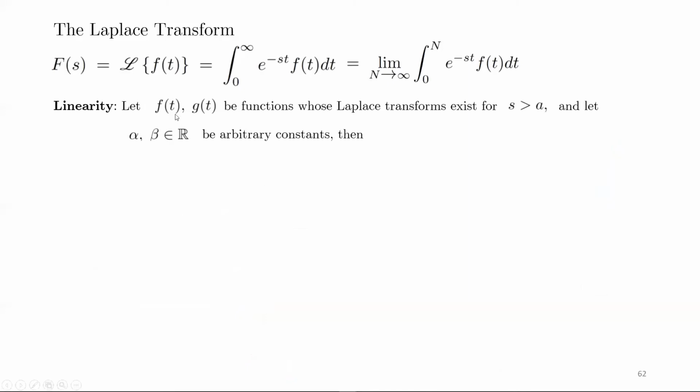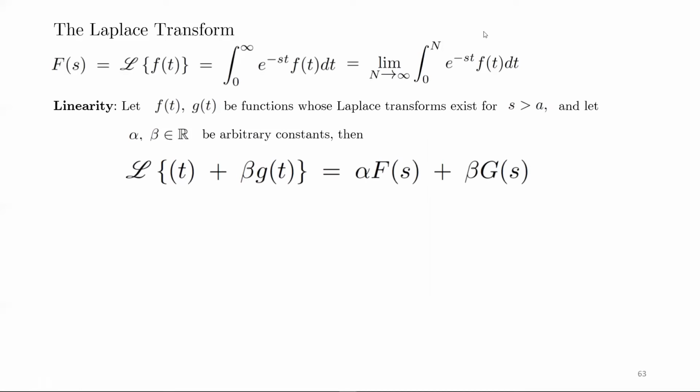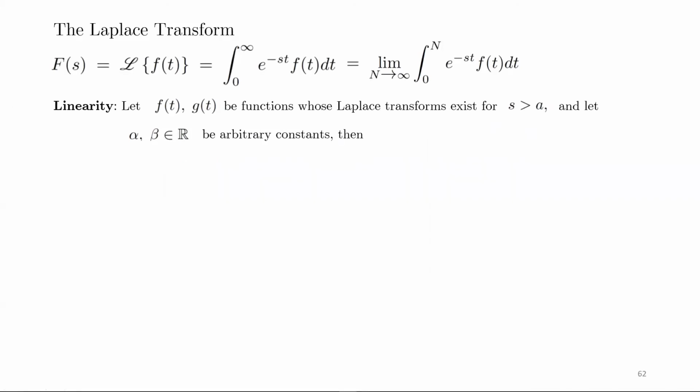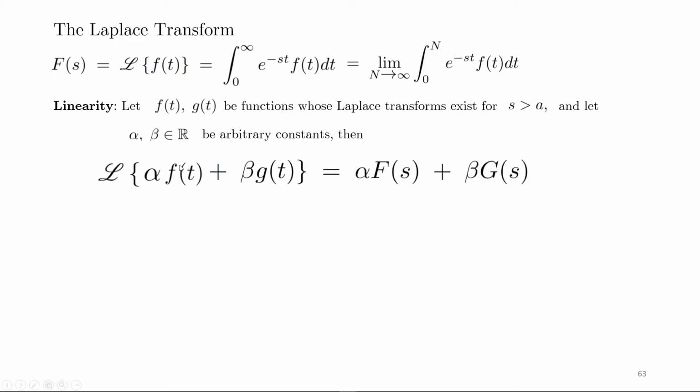So if we have two functions, f of t and g of t, which have Laplace transforms for s greater than some number a, and if we let alpha and beta be real numbers, so these are just constants, then the Laplace transform of the linear combination of f and g, so alpha times f plus beta times g, turns out to be equal to alpha times the Laplace transform of the function f of t plus beta times the Laplace transform of the function g of t.